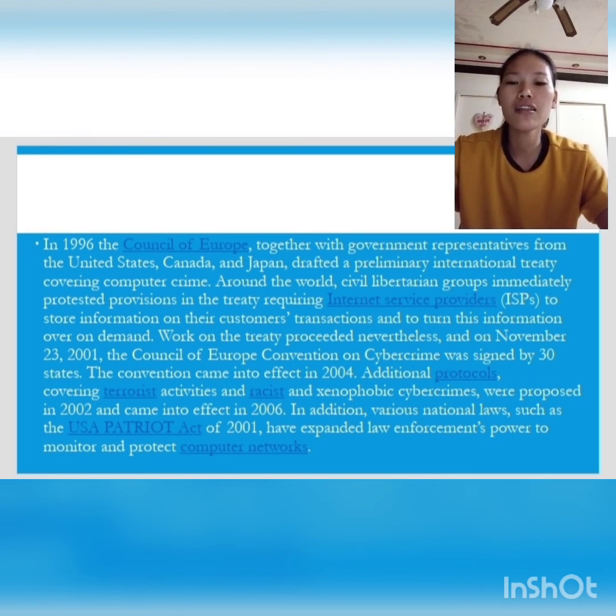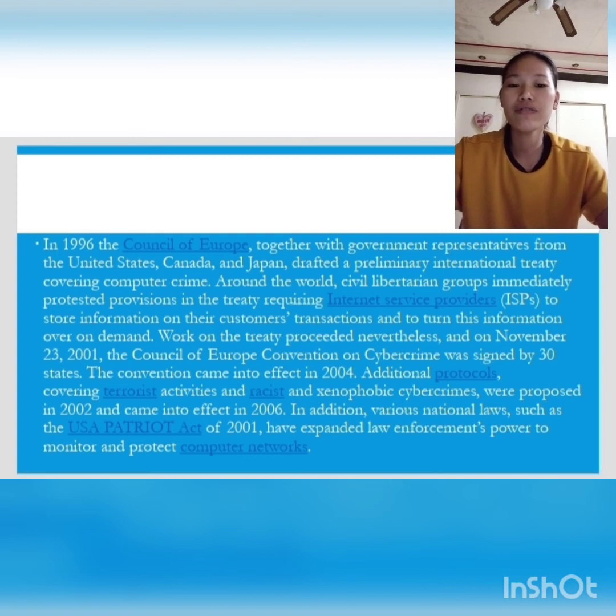An additional protocol covering terrorist activities was proposed in 2002 and came into effect in 2006.